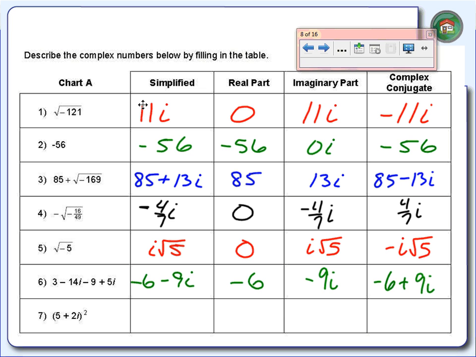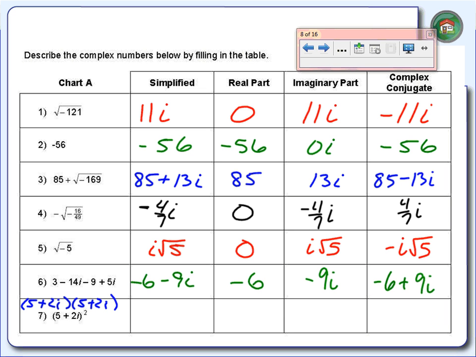We got one more here, and it is 5 plus 2i squared. Now this one right here, we're going to have to do some work. They didn't quite leave us enough room here, so we'll try and get it squeezed in here. Okay, we're going to have to do a little FOIL on this one, guys.